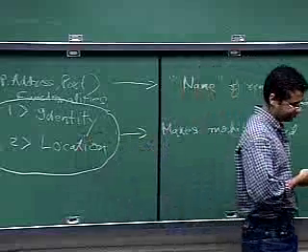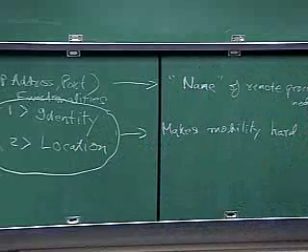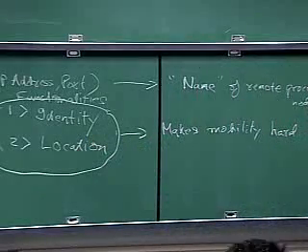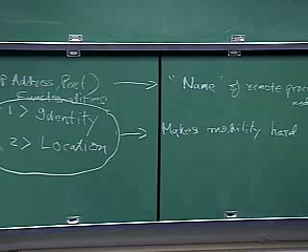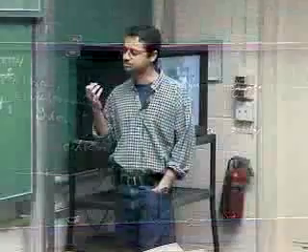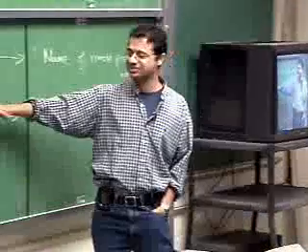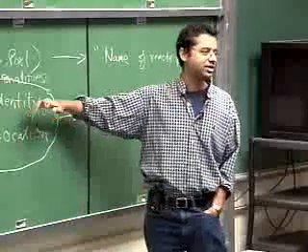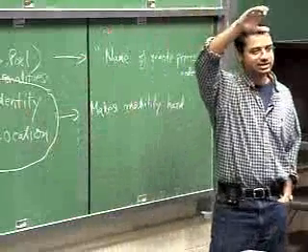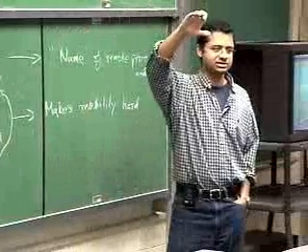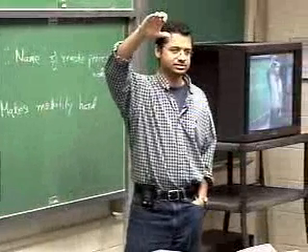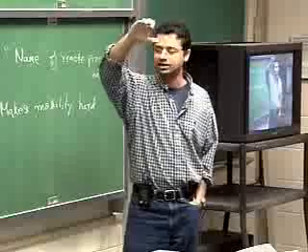Similarly, if you're on some P2P file sharing network, you dynamically join and you leave, but your identity is retained according to the P2P naming structure. Right?